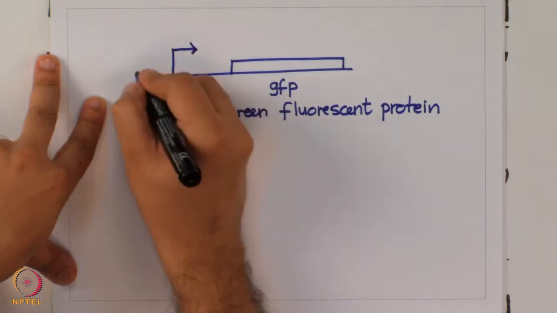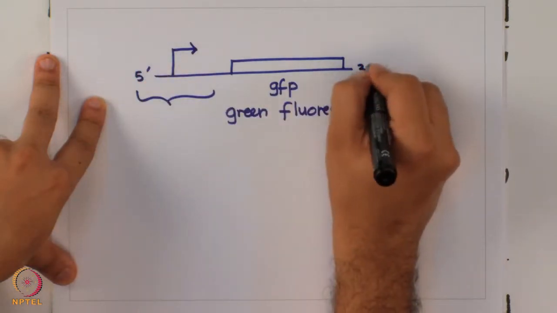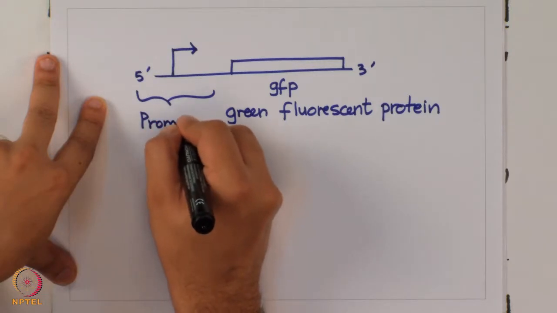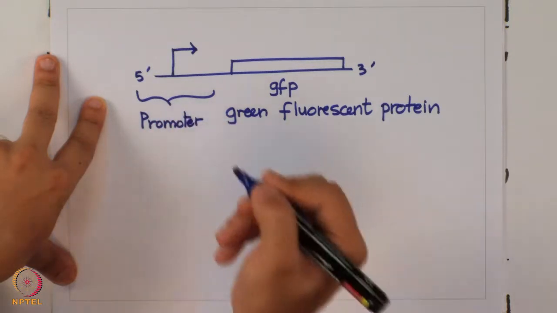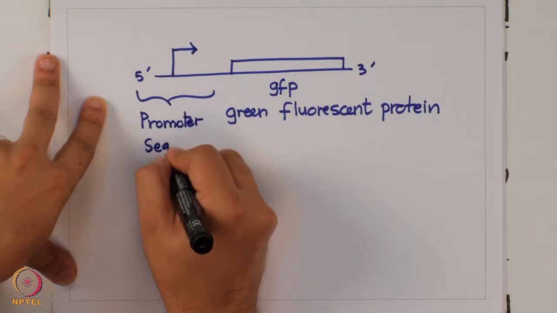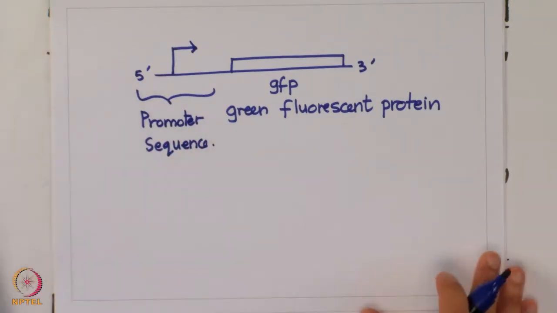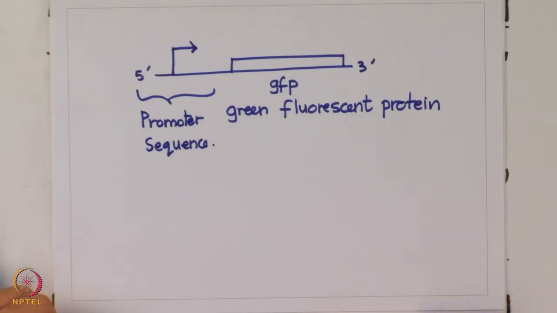So this is 5 prime, 3 prime. This is the promoter sequence where RNA polymerase comes and initiates transcription. So when we are talking about fitness landscapes, we'll use this as our model system, and we'll define fitness landscapes associated with both DNA and protein.